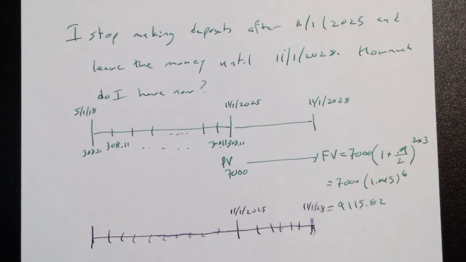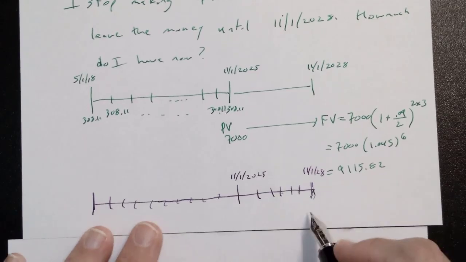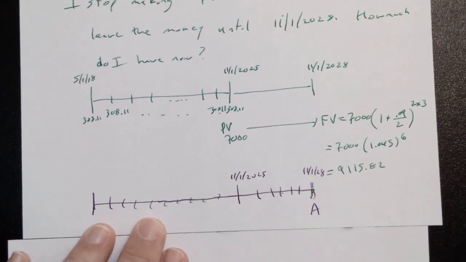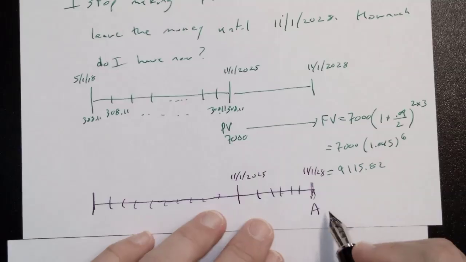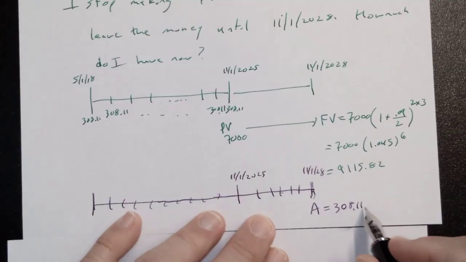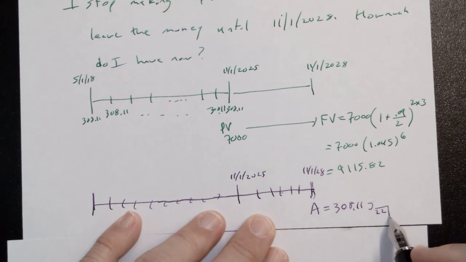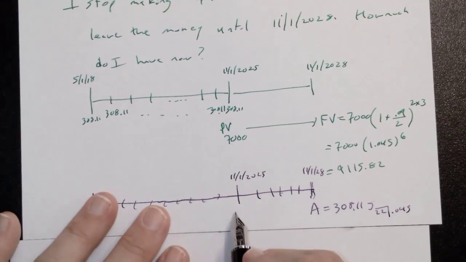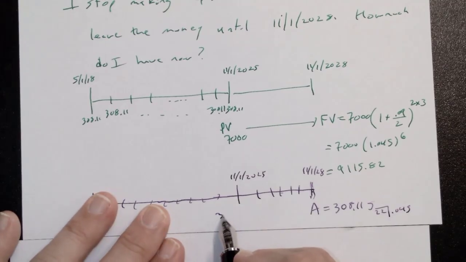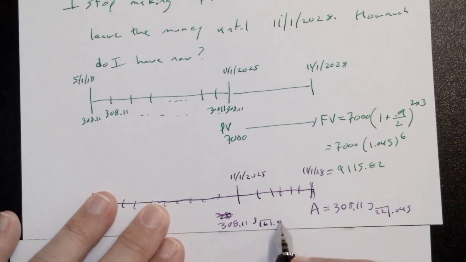Well, in that case, the value here would have an extra 6 payments on it. That would be 308.11 times S 22 at 0.045. And the value here was 308.11 times S 16 at 0.045.